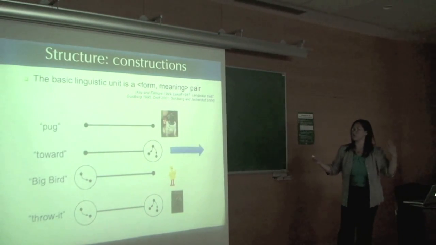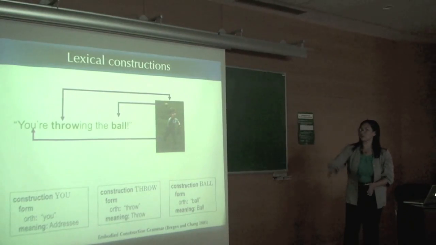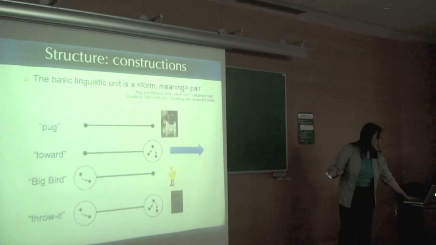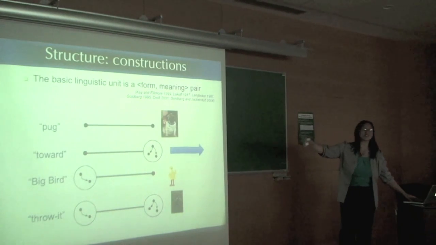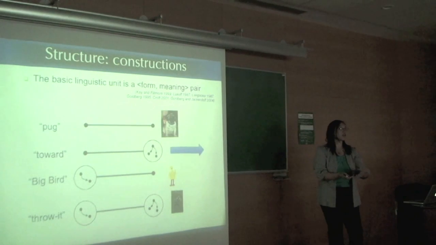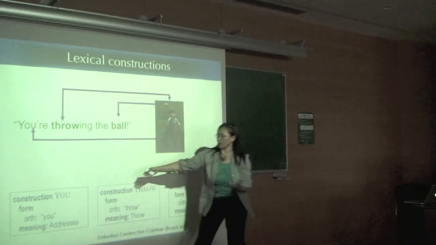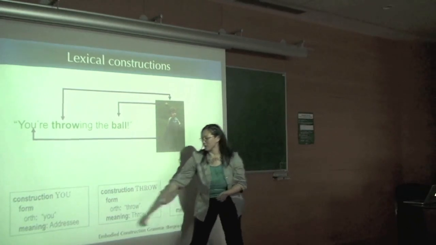And you're asking, well, where's the syntax? You can do that as well. So here's just an idea. Here, for example, the ones we just saw, you might represent in some way. Again, I won't go into the formalism, but if you want to write down these graphical representations in a way that you can then look at, analyze, perhaps implement, there's a notation that we developed that just says construction, like the word for you, you might say orthography, Y-O-U, and the meaning is addressee.